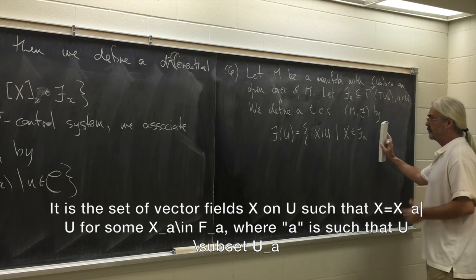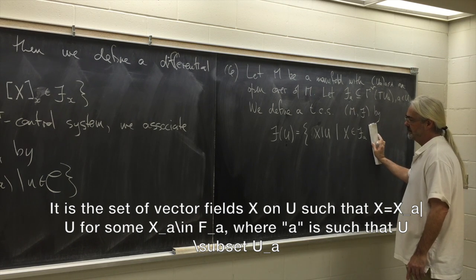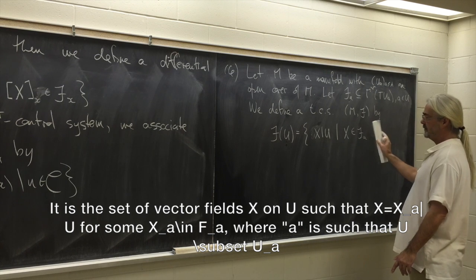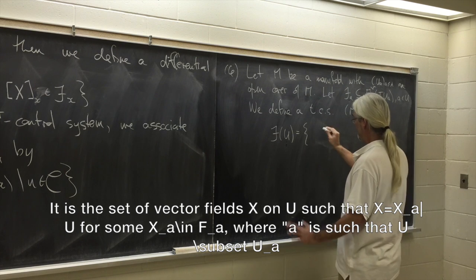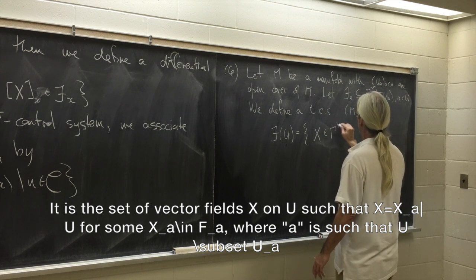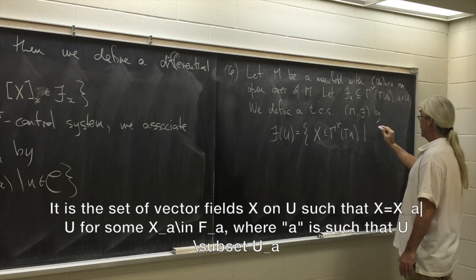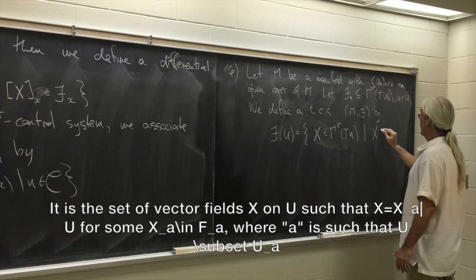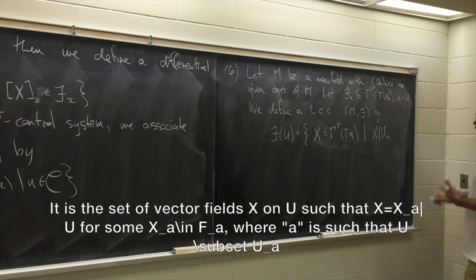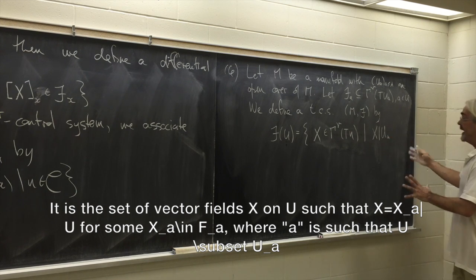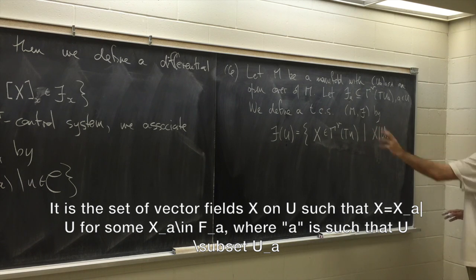So this is more complicated. What I need to be able to do is, the U_A's have to sit inside U. So it's going to be vector fields. Let me write it down and see if I can catch up as I go along. Okay. So that X restricted to U_A, U_A here is going to have to sit inside U. Okay. So this set could possibly be empty, you'll see, and that's not going to cause any problems for us.